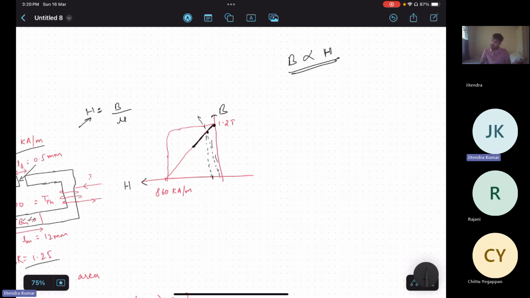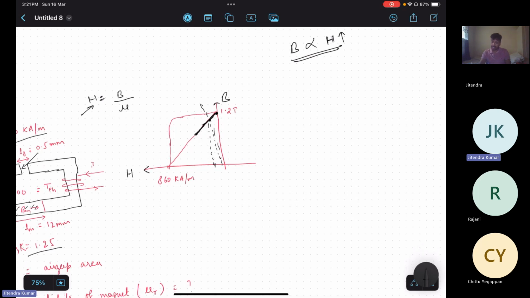Yes, sir. So as this loading will increase, this B will vary on the second quadrant. This is the characteristics of the magnet. This is not derived from anywhere. As H will increase, this B will shift. B will vary according to H, isn't it?